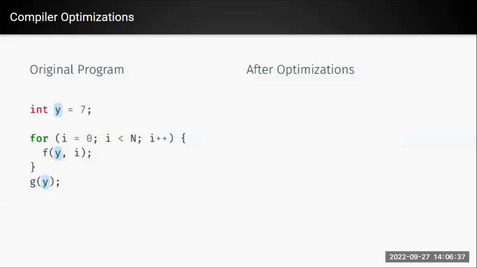But you can check again and see if your compilers evolved over time. The idea is as follows. You have a program, you set y to 7, then you use y inside of a loop and after the loop, okay? You would assume an optimizing compiler replaces y with 7. Yeah, that's what every compiler, when you turn on optimization, will do for you. It's great. That's what we want.